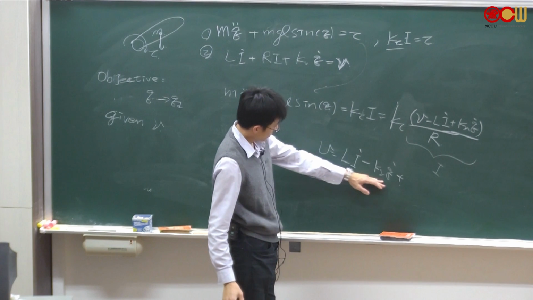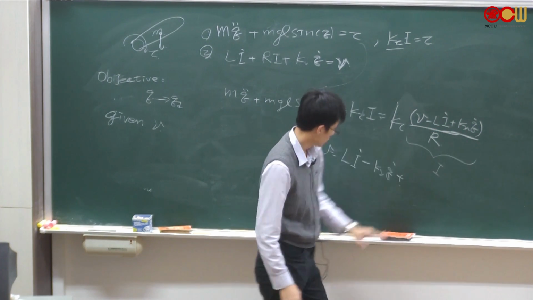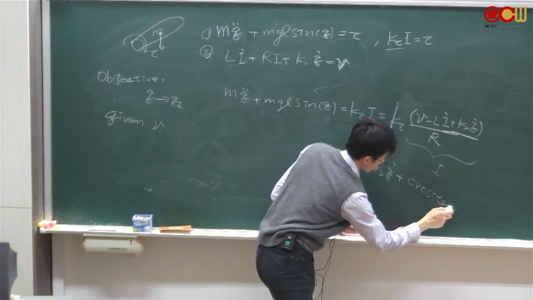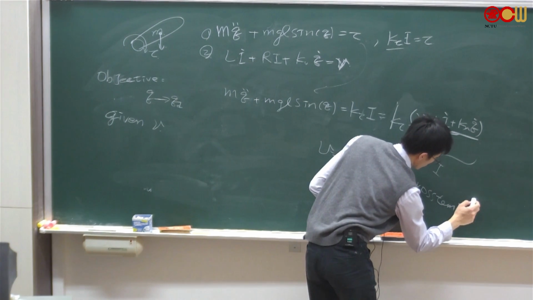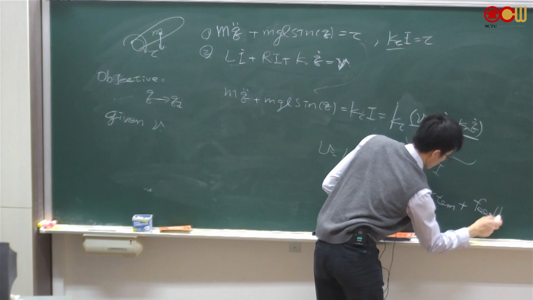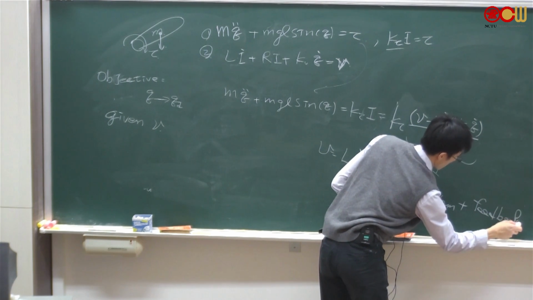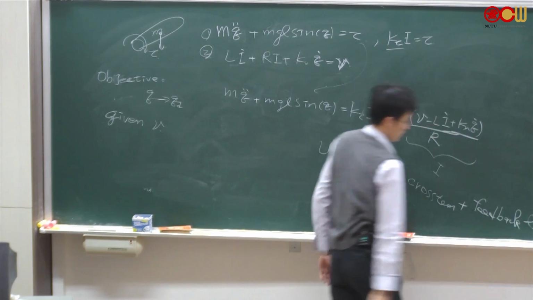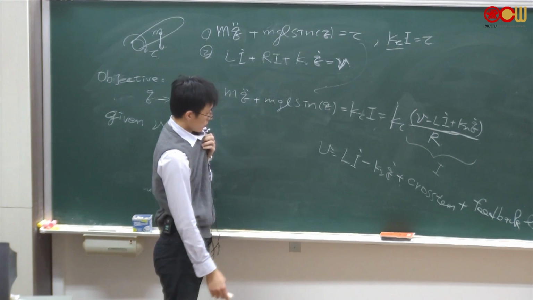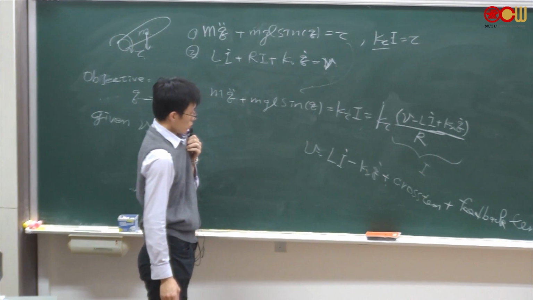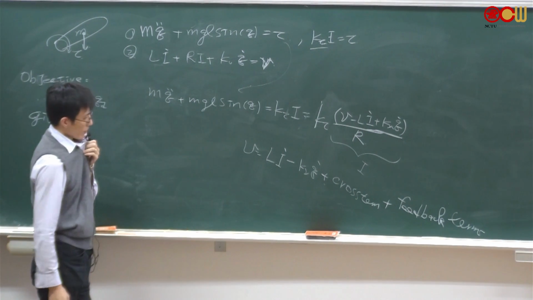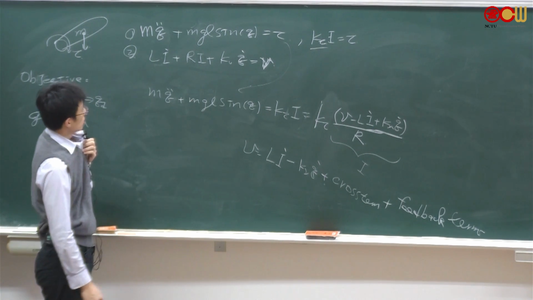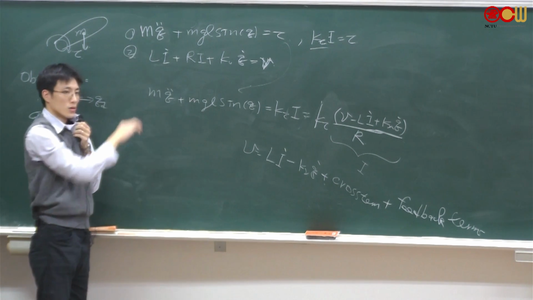These two terms are used to cancel out the two terms here, and you might also put cross terms plus feedback terms. This is the way you design controllers, and that doesn't require the backstepping approach because you already combine the two systems together.